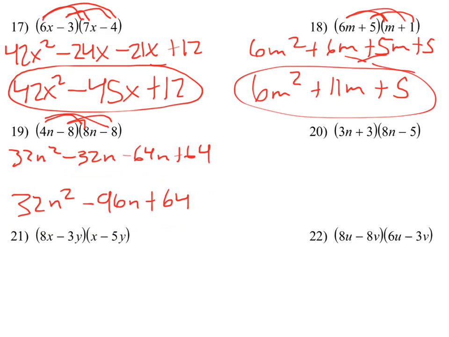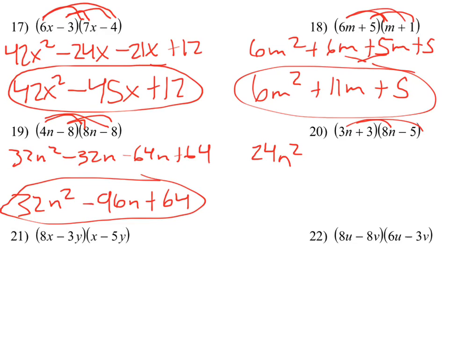Look at this guy. Try not to draw on the other problem. 3n times both of those will give you 24n squared, and then subtract 15n. And then 3 times both of the second ones will give you plus 24n and minus 15.